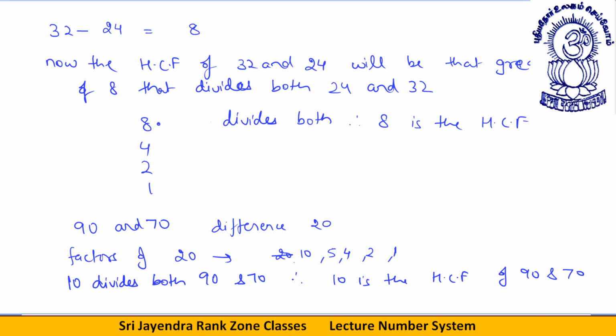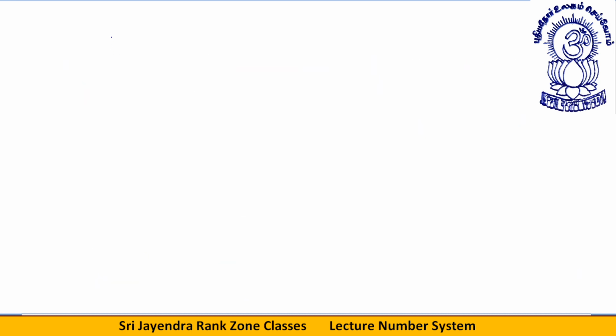Okay, dear students, let's move ahead. Now, if I give you the two numbers 1232 and 1244 and I want their HCF, the thing is, if I factorize them it will be very lengthy. These are large numbers, but their difference is small.